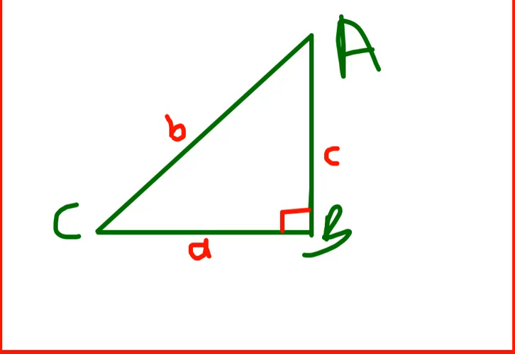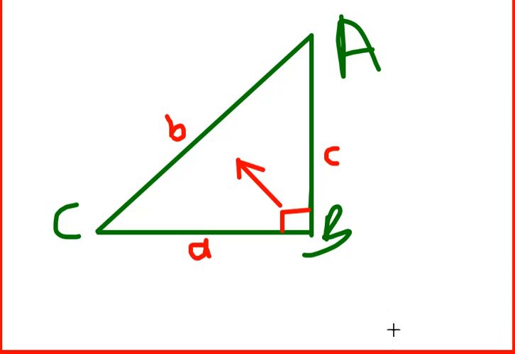In a right angle triangle, the side opposite the 90 degree angle, in this case B, is always the largest side, the side that has the greatest length compared to side A and side C.